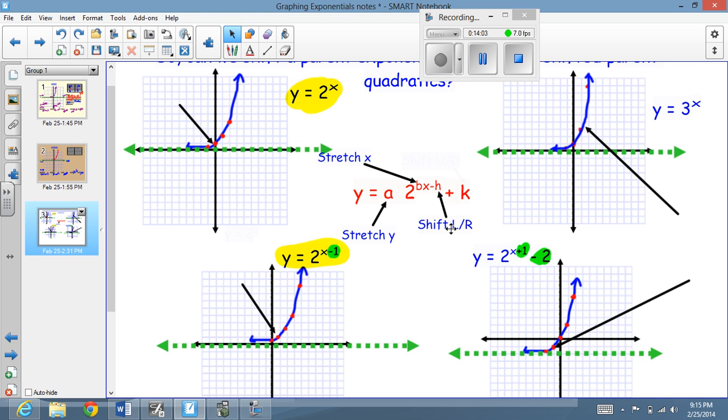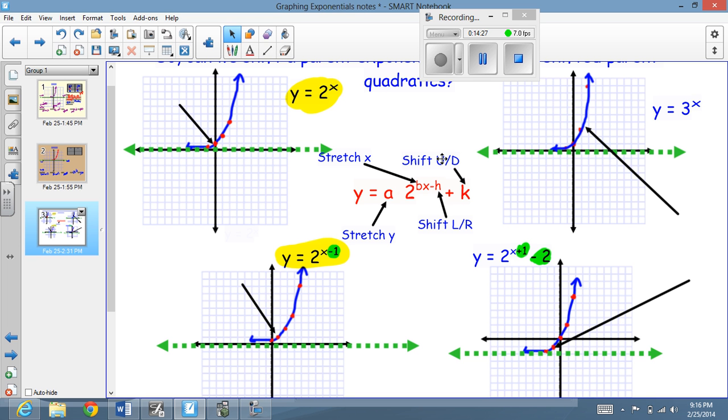In the bottom right example, that thing got shifted to the left 1 because of the +1. So that's that idea of it's kind of the opposite of whatever's attached to the x. And then the last thing is what's on the outside. That shifts it up and down. So the -2 in the bottom right hand corner, the -2 shifted it down 2.